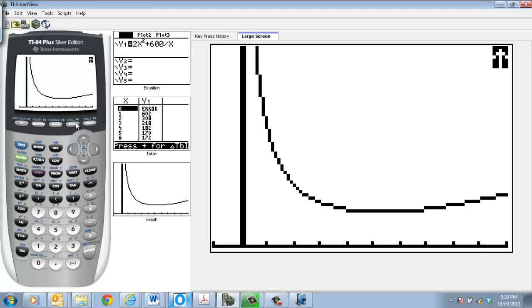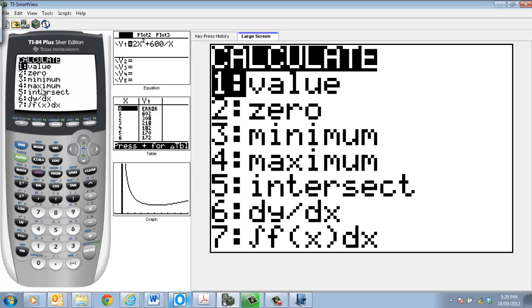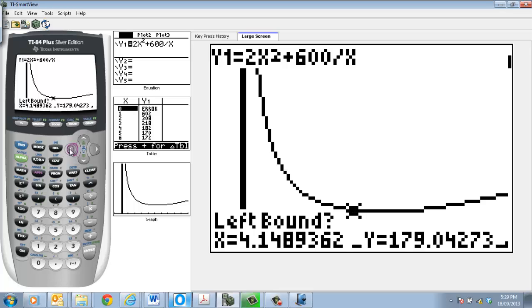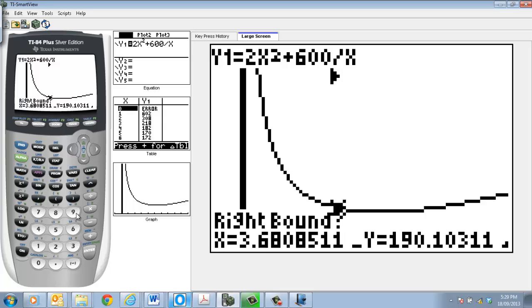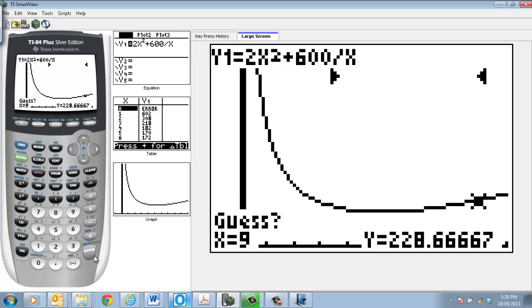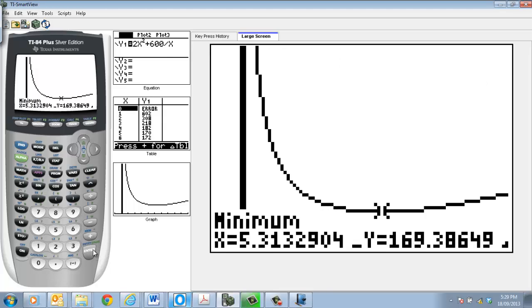The other thing I'm really interested in here is the min point. So let's go for our min, number 3. Scrolling to the left hand side, let's put in 9. That gives me my value of 5.31, with a surface area of 169.4.